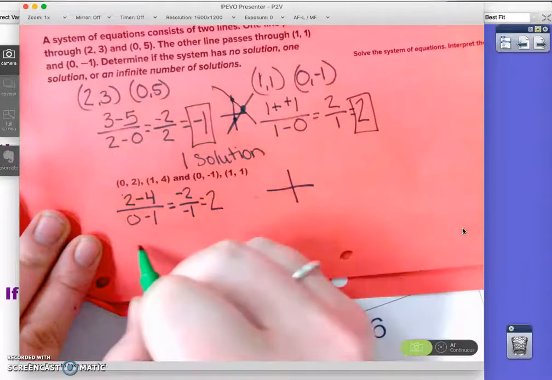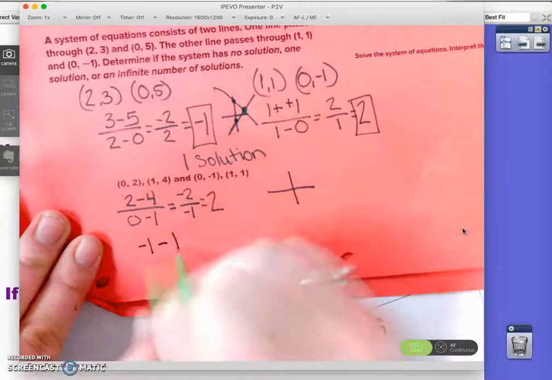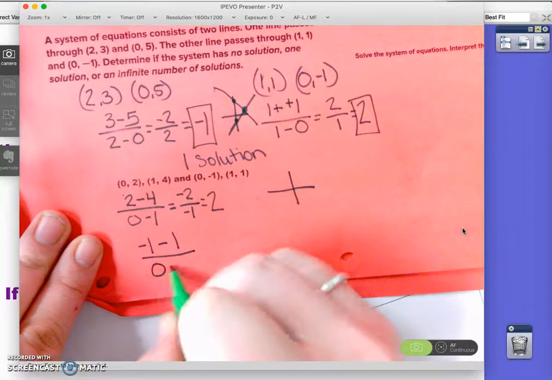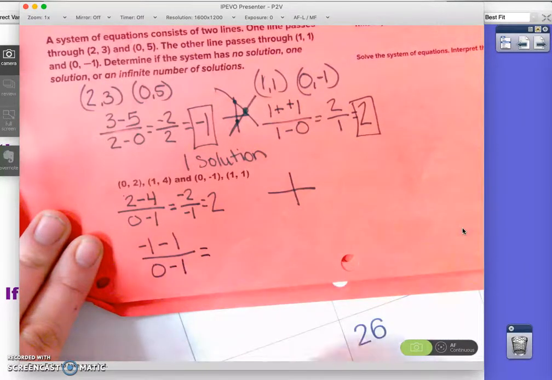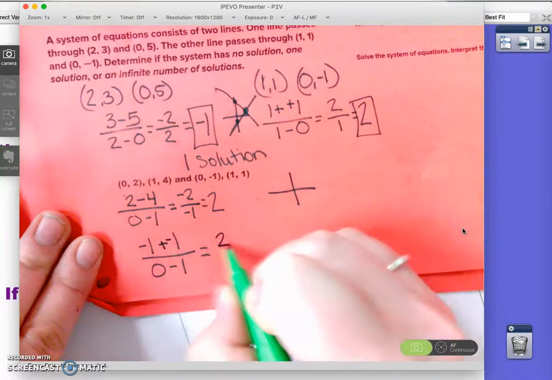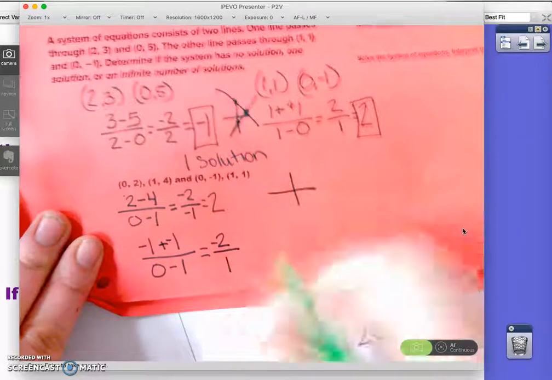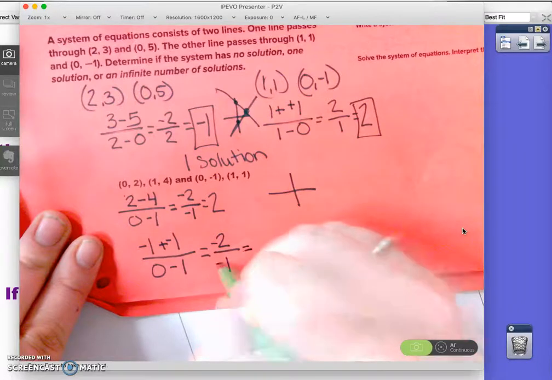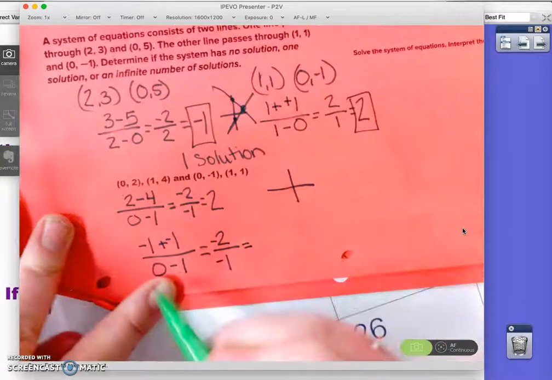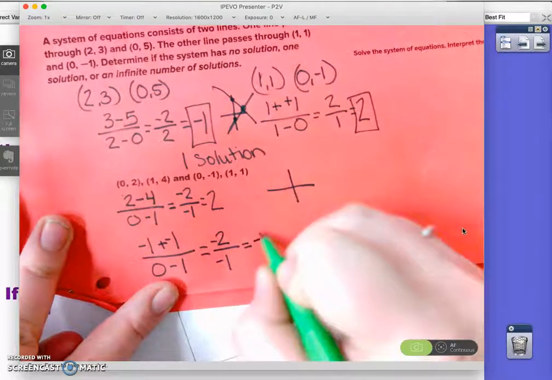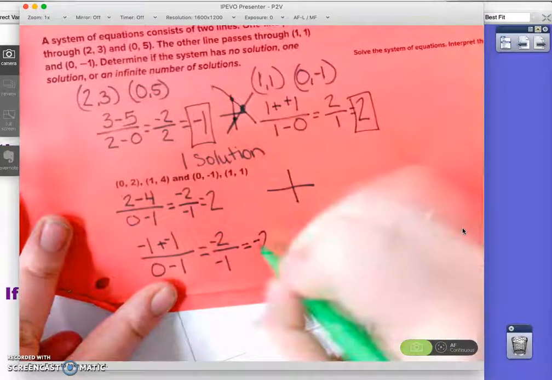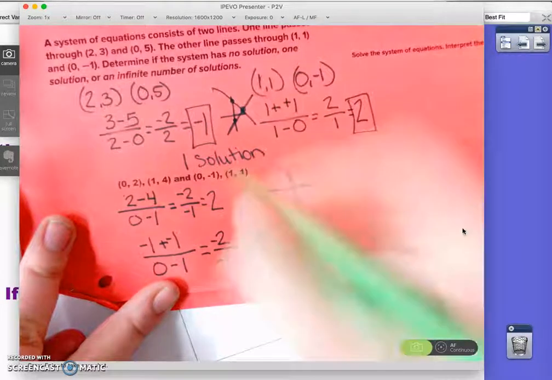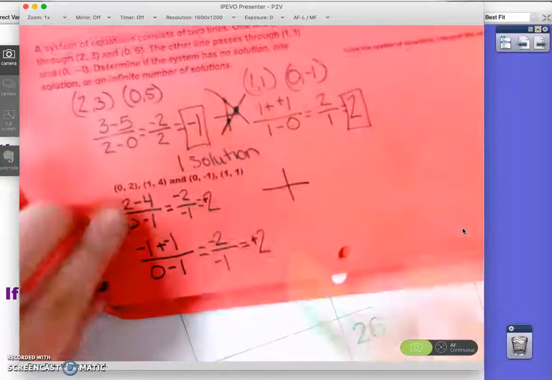And here I have negative 1 minus 1 and 0 minus 1. So again, I have a negative 2 on top and a negative 1 on the bottom, because this is 0 minus 1. So this also becomes positive 2.